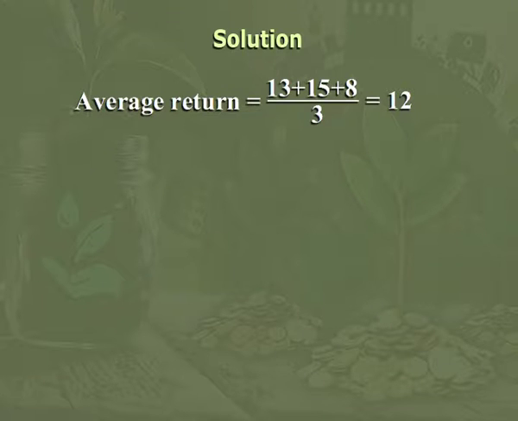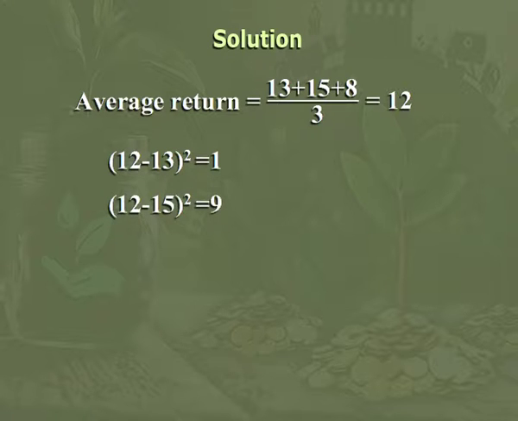First, we shall calculate the average return, that is equal to 13 plus 15 plus 8 divided by 3, which is equal to 12. For the first year, 12 minus 13 whole square is equal to 1. For the second year, 12 minus 15 whole square is equal to 9.